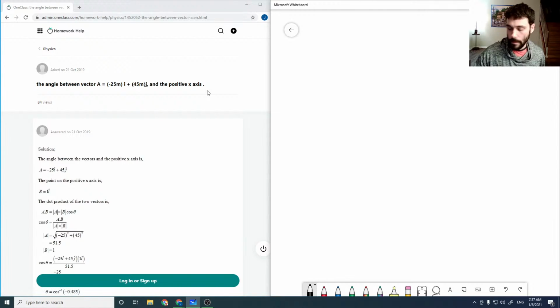Okay, this one's a quick one. So we're asked the angle between the vector minus 25 m i hat plus 45 m j hat and the positive x-axis. So we can do this in a couple ways.